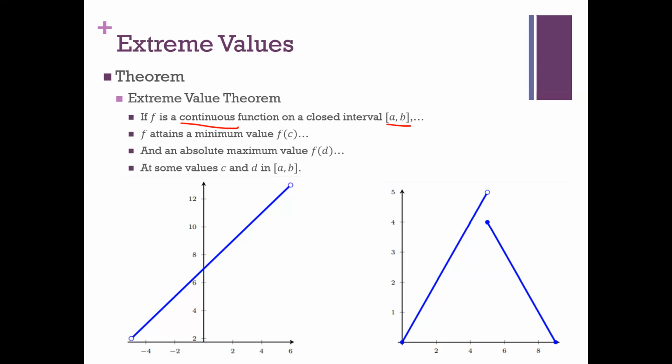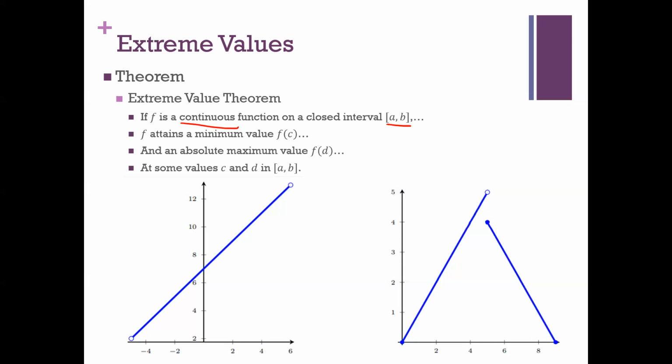But if you have a function that's continuous and defined on a closed interval, then the minimum and maximum have to exist. Think about the last couple of examples. We kind of assumed this, right? I gave you functions that were defined and continuous on closed intervals, and we just went looking for the absolute min and max.